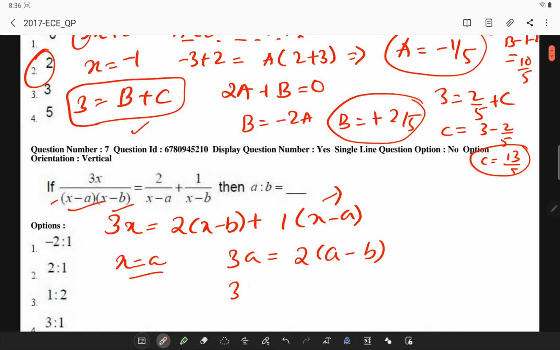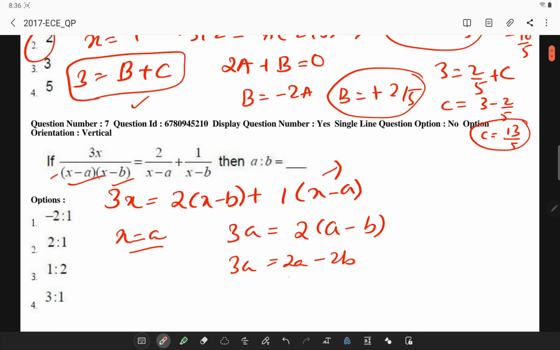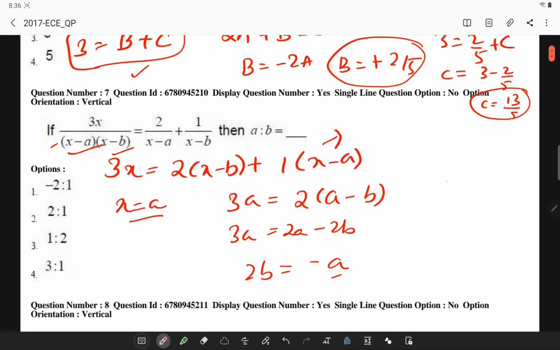So 3a is simply 2a minus 2b, or I can write 2b is equal to minus a. So if I rearrange the terms, a by b will be minus 2 by 1.